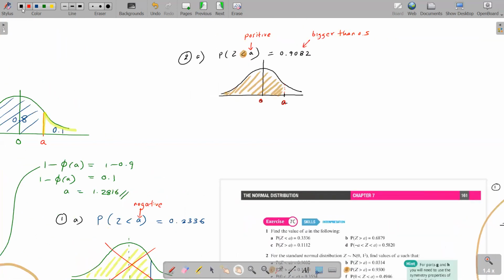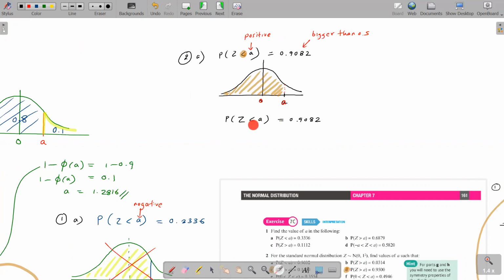Z less than A. You can see I have probability Z less than A is 0.9082. And this is the format that I want. I told you if you are using the normal distribution table, the table gives you the area behind the line, behind the positive value.